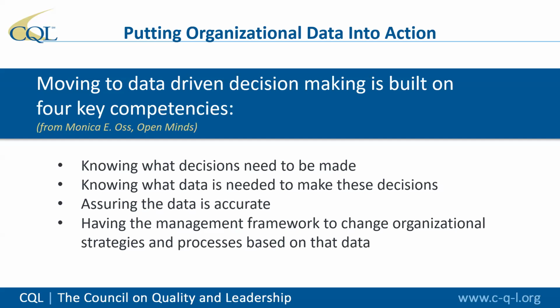In order to move to data-driven decision-making, there are four key competencies: knowing what decisions need to be made, knowing what data is needed to make those decisions, ensuring the data that you have is accurate because you don't want to be making decisions on bad information, and, of course, having the management framework to change organizational strategies and processes based on that data. So this really is about your systems and your practices around your quality management system.